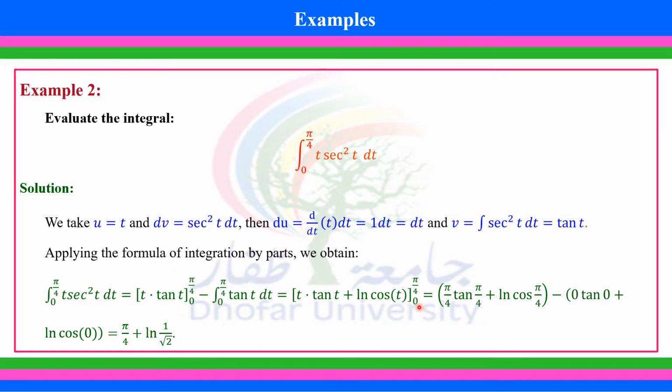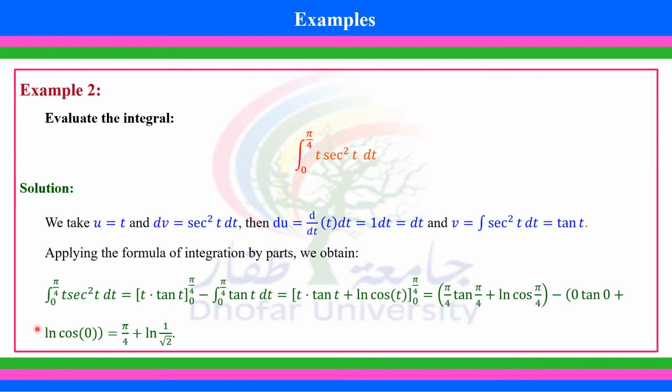And then we evaluate the integral using the second part of the fundamental theorem of calculus. So when we substitute pi over 4 for t, we obtain pi over 4 tan pi over 4 plus ln cosine pi over 4, as we see here. And then we subtract from that 0 times tan 0 plus ln cosine 0.